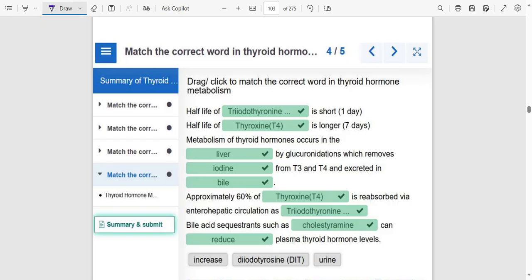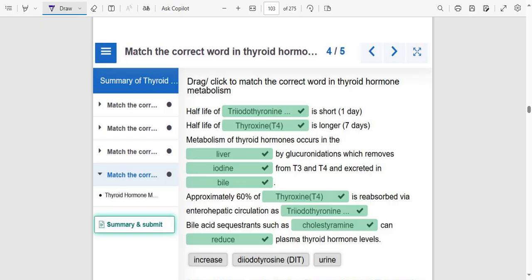Please take notice, iodine, the uncharged guy, not the iodide that's found in the food. So when you remove iodine from T4 in deiodination, you form T3. And for both of them, as you remove the iodines, you'll be inactivating them. And then what remains now can be excreted into the bile.